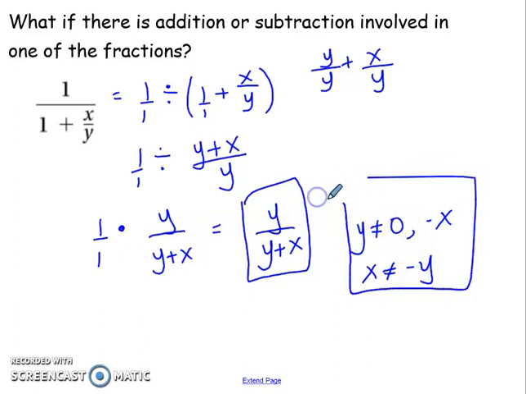Now the other way that we can think about this problem is using the lowest common denominator to simplify it a little bit and skip these steps in between. So if I have the same exact problem here, let me add a new page. So I had 1 over 1 plus x over y.